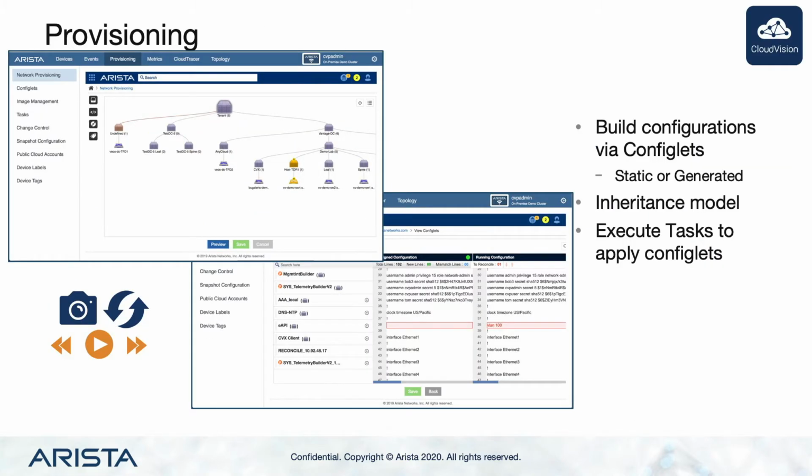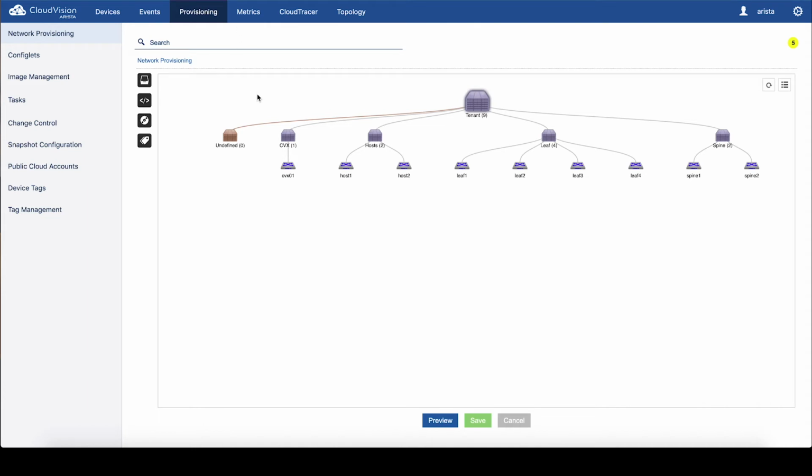Here's a snapshot of what our provisioning view looks like, but what I want to do is walk you through live and show you some good examples of how powerful our provisioning view is. Now this is CloudVision Portal, and this is our network provisioning view. Now this is not a topology view. Joe's actually going to walk you through our real-time topology view shortly, but this is a way of organizing your devices into containers.